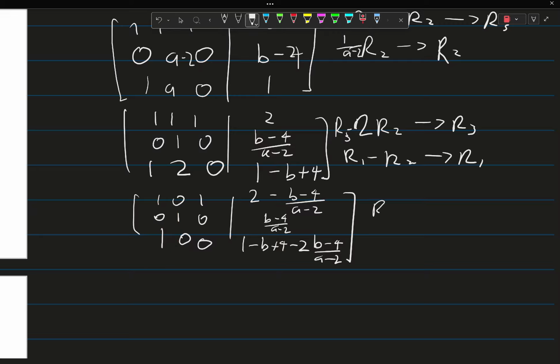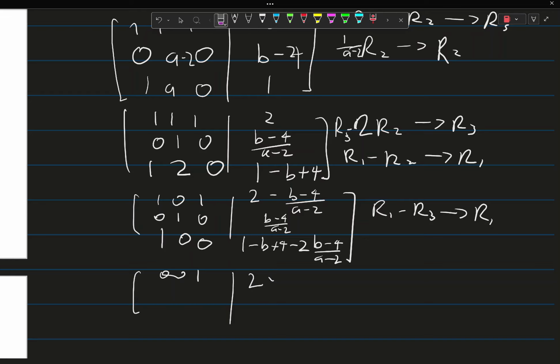So we have row 1 minus row 3. To row 1, we have 0, 0, 1, 2 minus b minus 4 over a minus 2 minus 1 plus 4, minus b minus 4 over a minus 2, and we need to simplify that eventually.